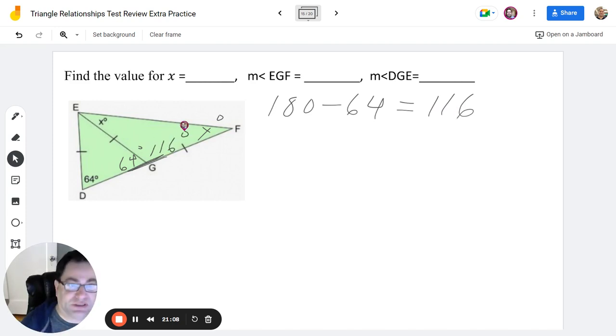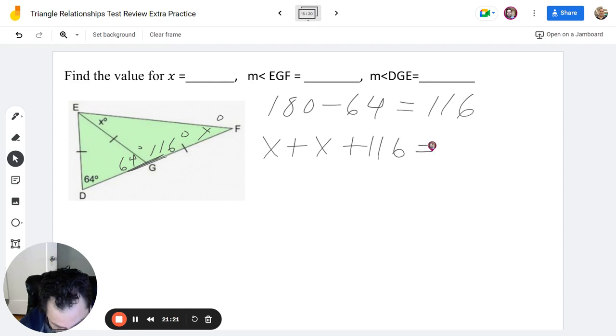So this is 116. Now I can use the triangle sum theorem to solve for x. So let's do that. We have x plus 116 is equal to 180. 2x equals 180 minus 116, which is 64.